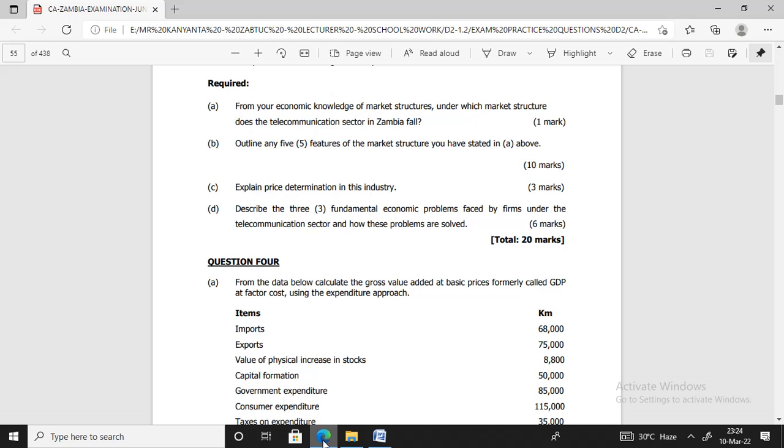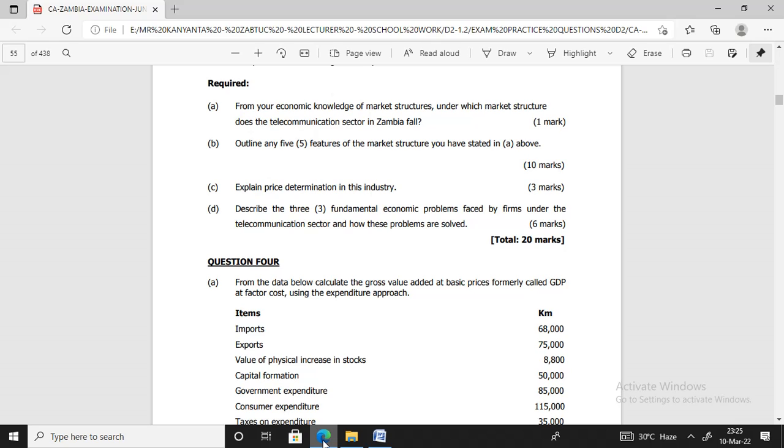using the expenditure approach. Now, there are 3 different methods you can use for calculating GDP. The number 1 method is the expenditure method, where you add up or aggregate total expenditures in the economy. The other method, number 2, is the income method.